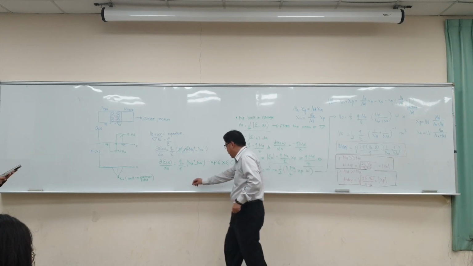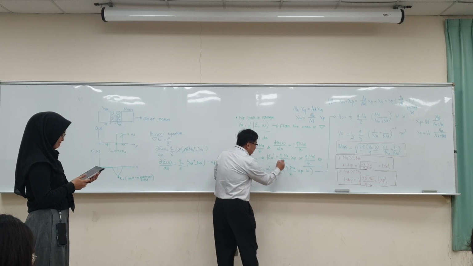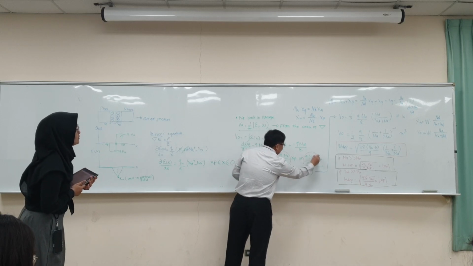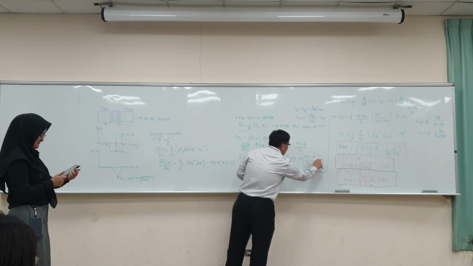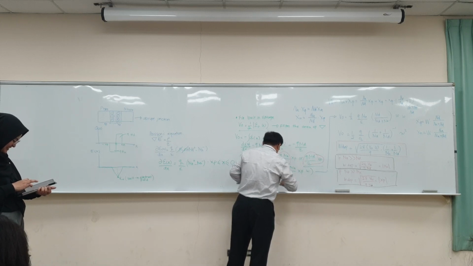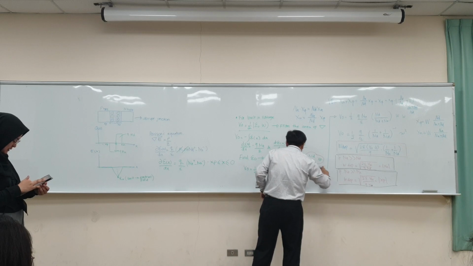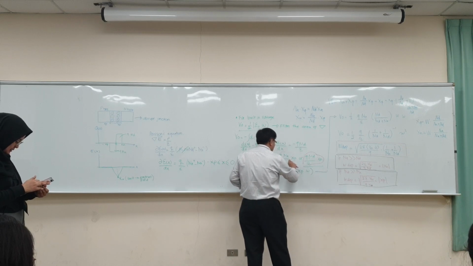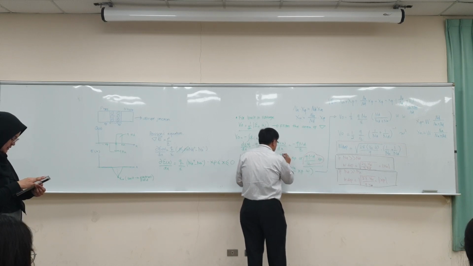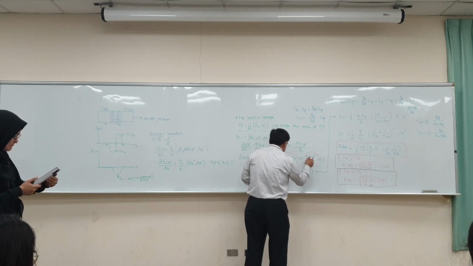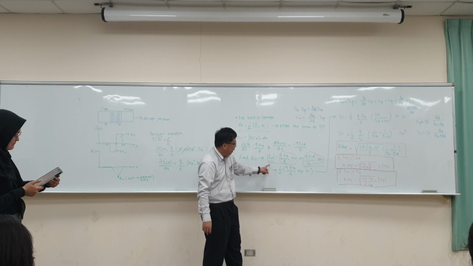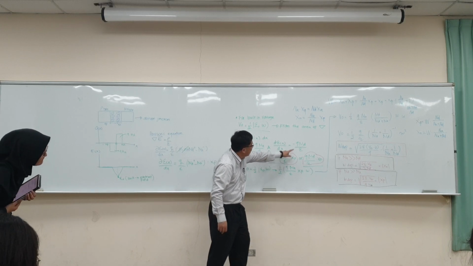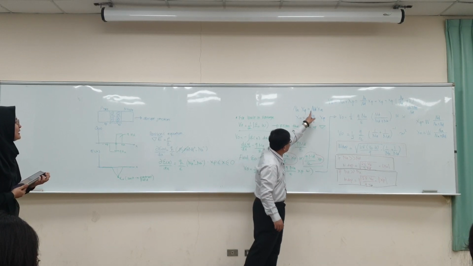So it says here this one and this one are the same, right? Why does it say this part and this part are all equal to E0, the peak field? That is why this one and this one are the same.